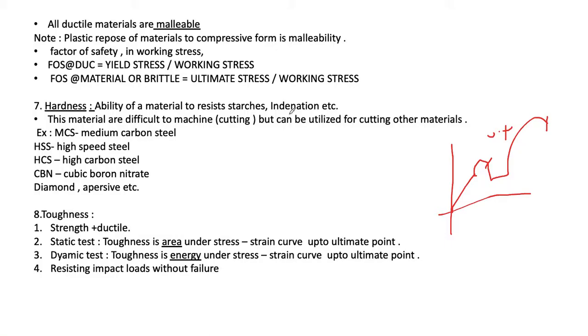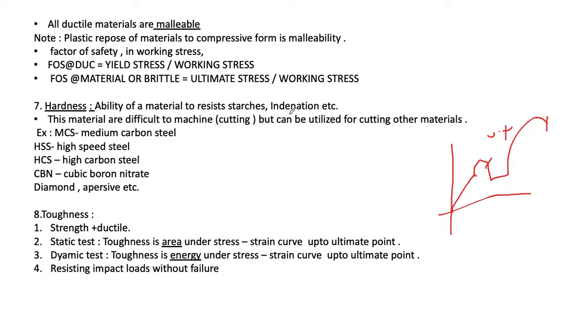Examples we have here: MCS, which is nothing but medium carbon steel; HSS, high speed steel; HCS, which is nothing but high carbon steel; and CBN, which is nothing but cubic boron nitride. The hardest material is diamond and abrasives etc. The hardest material is diamond only. Diamond is cut by diamond, there is a quotation for that, no? That's the most hardness of diamond.